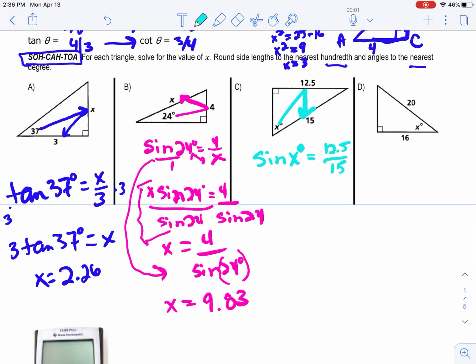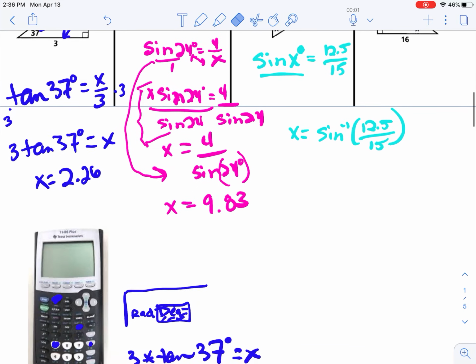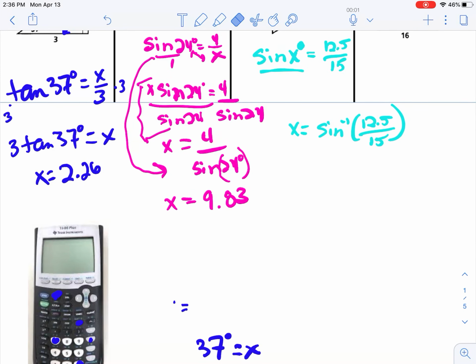So to break sine and x apart, just like back in matrices at the beginning of the year or last year, you have to use the inverse button to break these two apart. So what that's going to end up looking like is x equals sine raised to the negative 1 of 12.5 over 15.